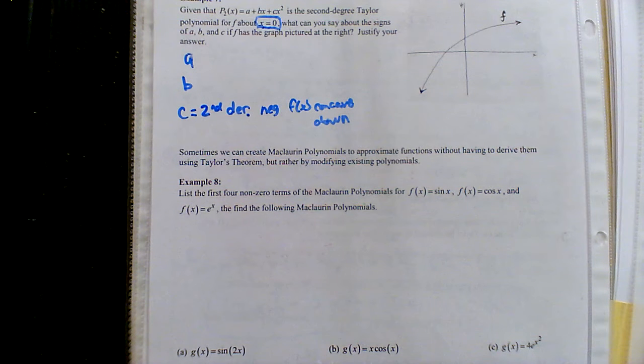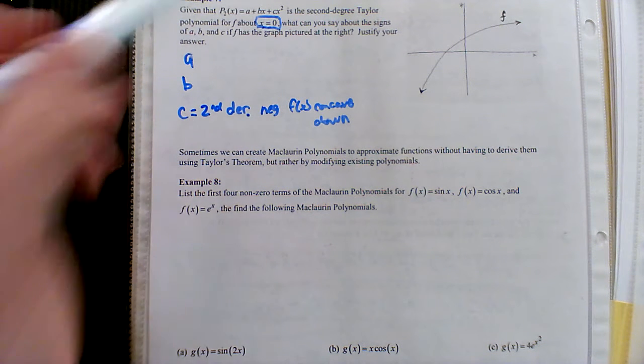Just from looking at the picture, can we determine what A would be? Is it a positive value or a negative value? Okay, I agree. How do you know it's positive? I was just going to say the y value that it crosses is above the x-axis.